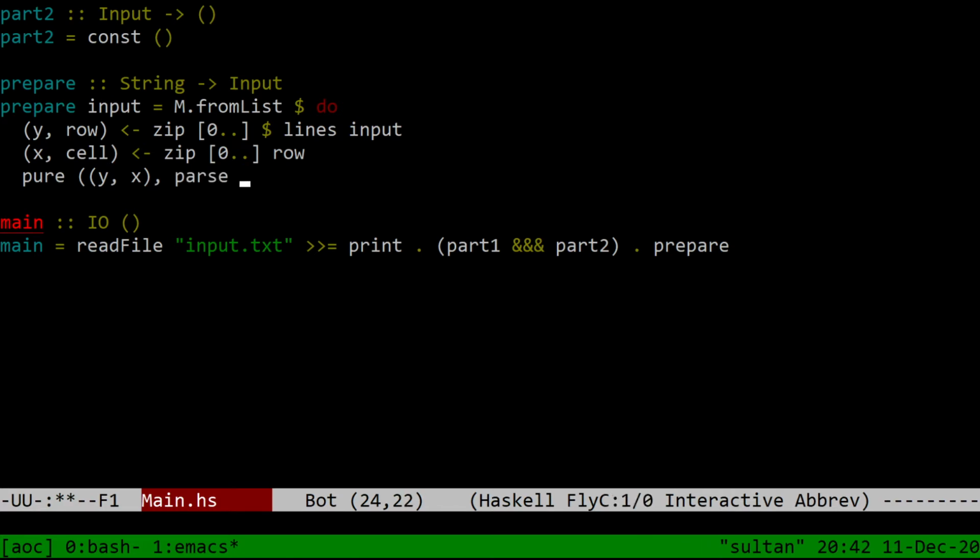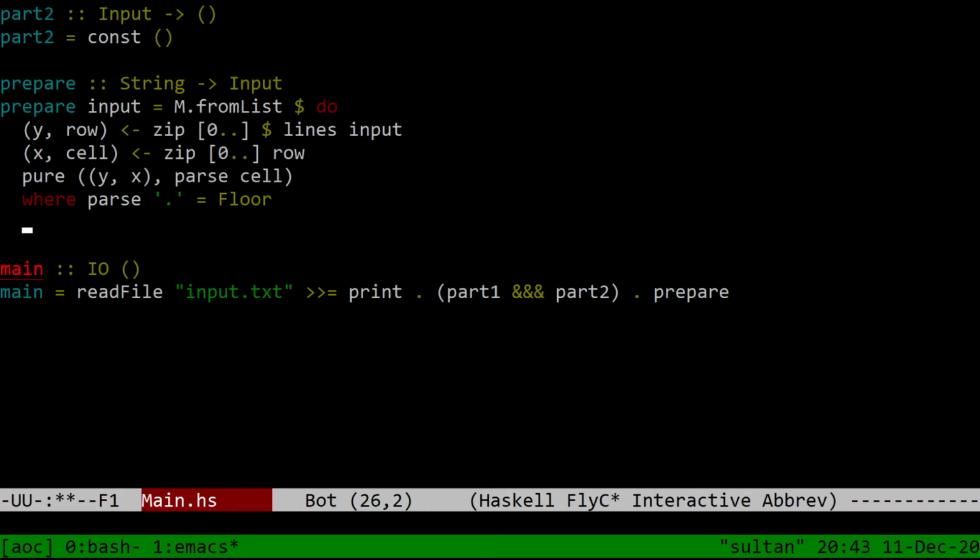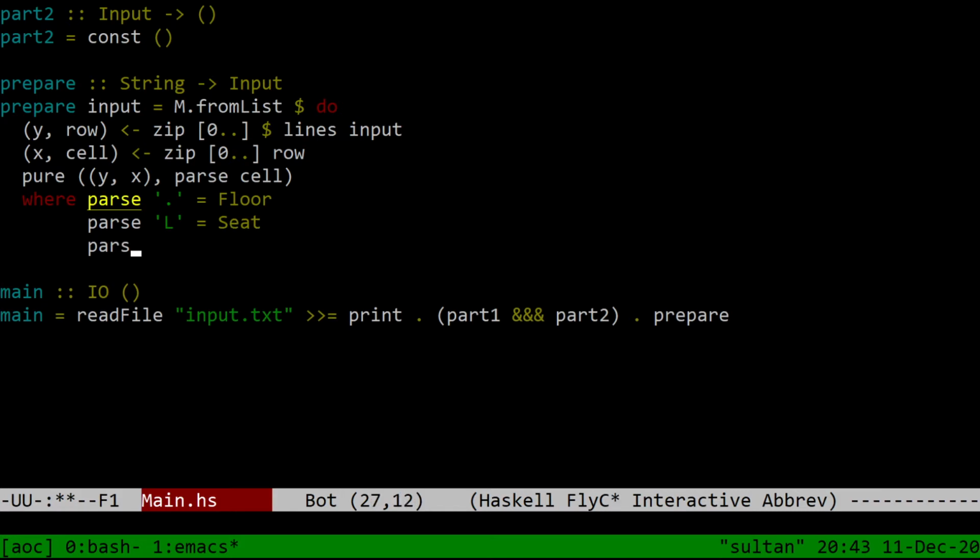parse cell, where parse of this equals floor, parse of L equals seat, parse of hash equals occupied.